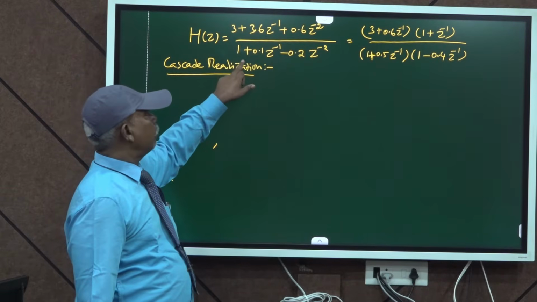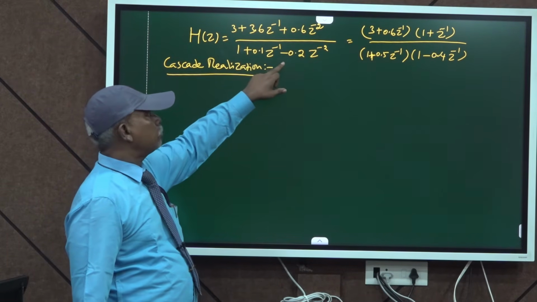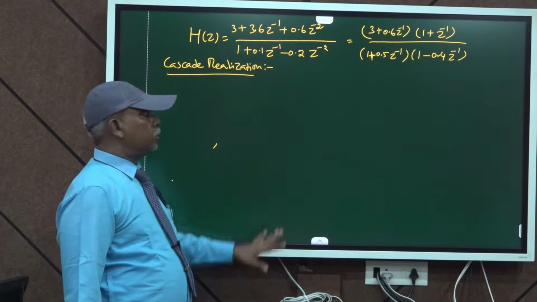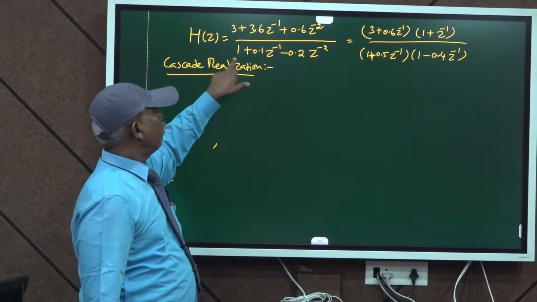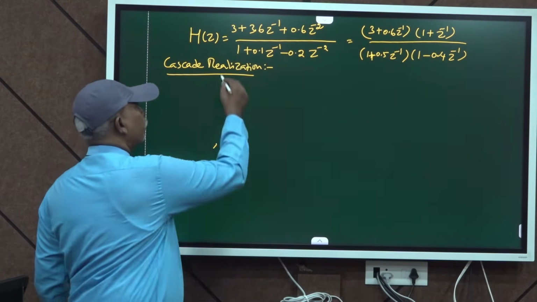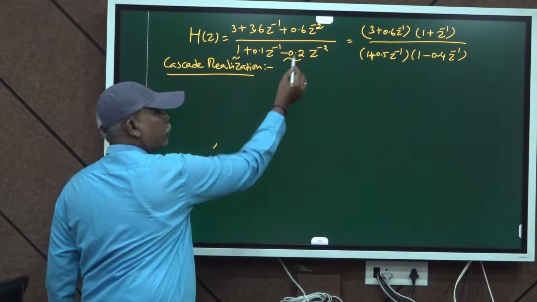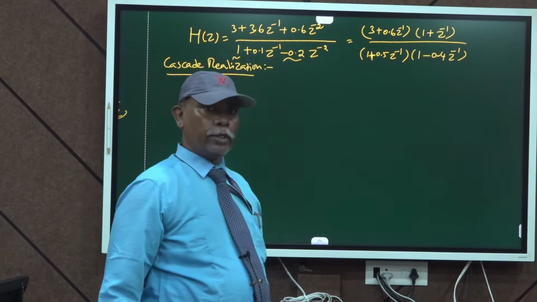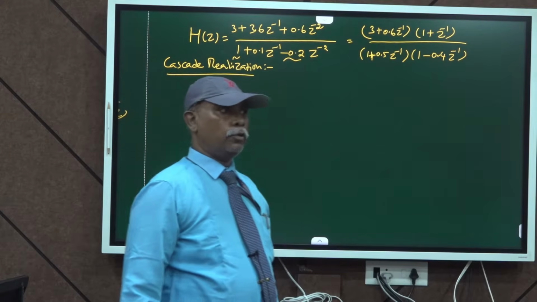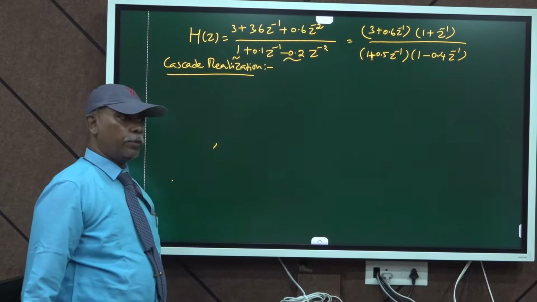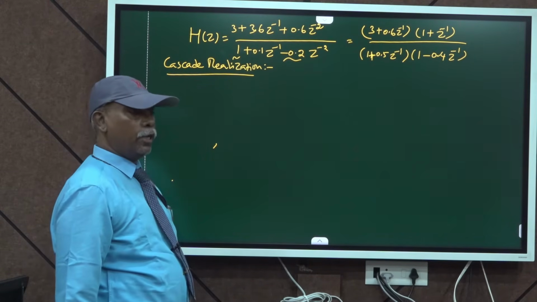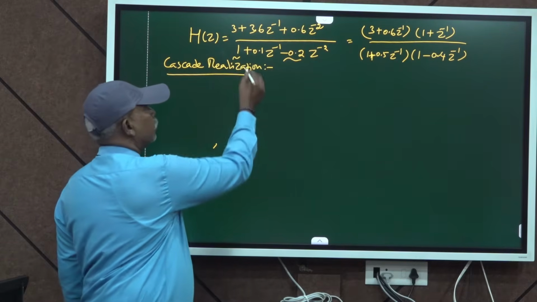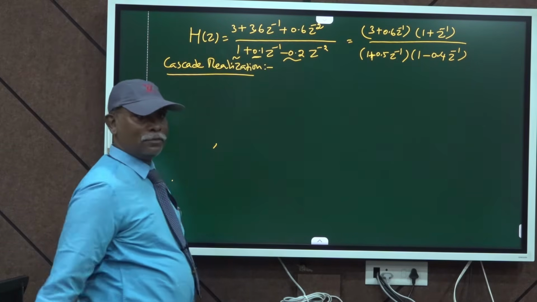Consider the denominator 1 plus 0.1 z power minus 1 minus 0.2 z power minus 2. Multiply 1 and minus 0.2, you get minus 0.2. So you have to find two numbers which multiply to minus 0.2 and add to plus 0.1.